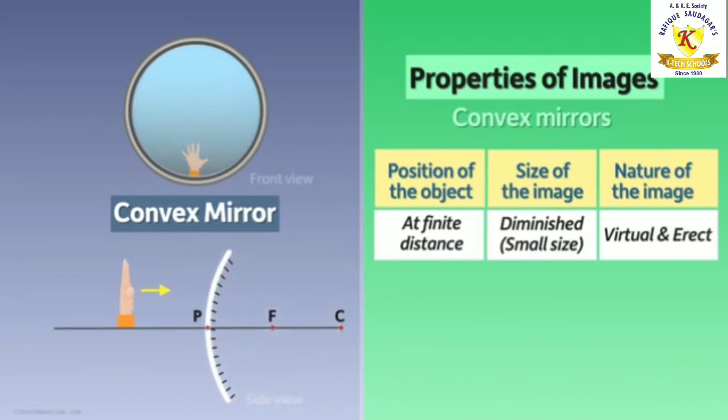Now children, what if I move the object towards the mirror? If I move the object towards the mirror, the size of the image keeps on increasing. But the size of the image with respect to the object is always smaller.